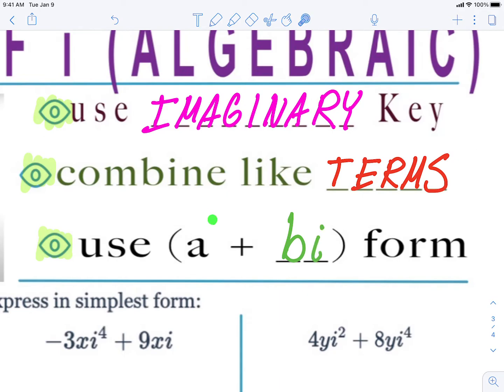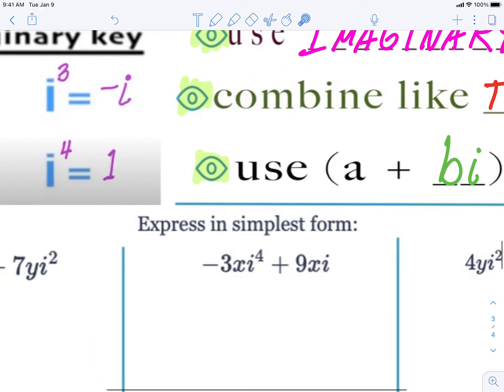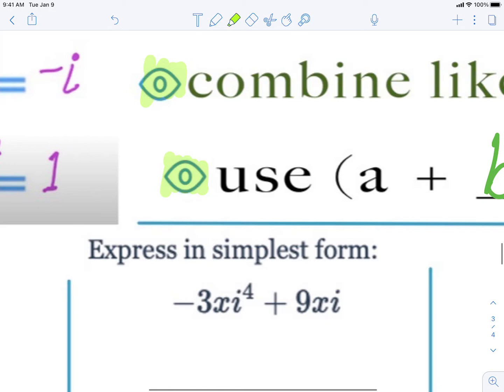Meaning real number goes first, imaginary number goes second. So let's take a look. First thing we do always before working is we look at the instructions. The instruction says express in simplest terms. That means that we're going to break everything down until it can't be broken down anymore, right?